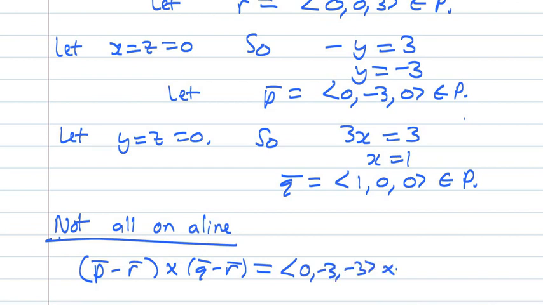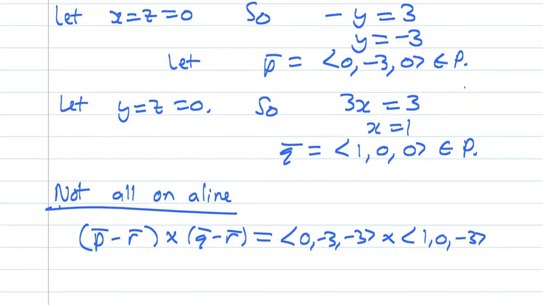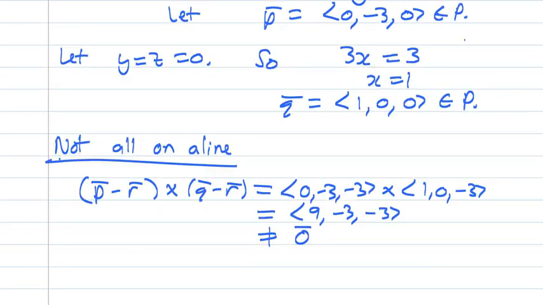And if you do Q minus R, do you agree with 1, 0, minus 3? And if you do the cross product of these 2 vectors, I'm going to leave it for you to verify. I got 9, minus 3, minus 3. And this is not the 0 vector. Alright? So this is good news.